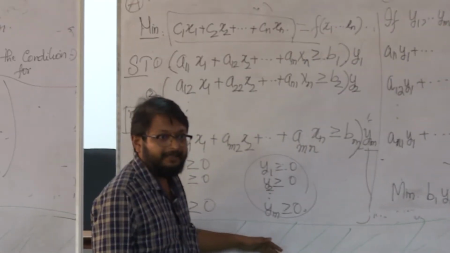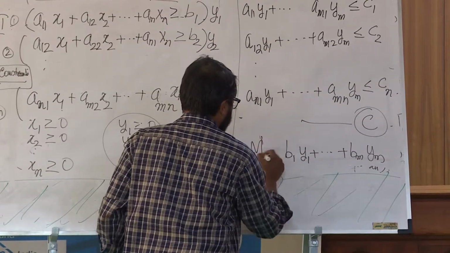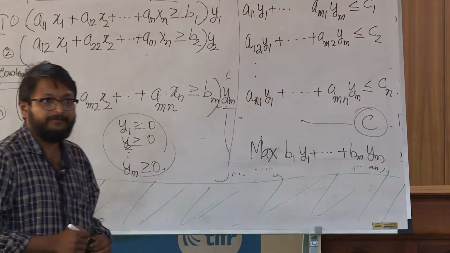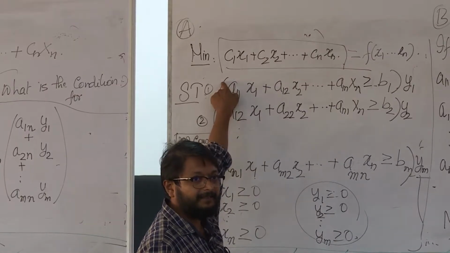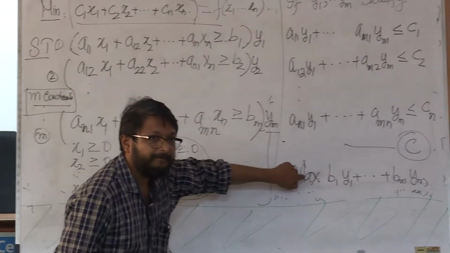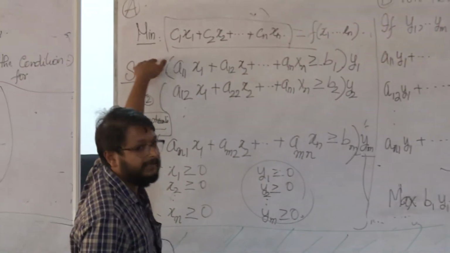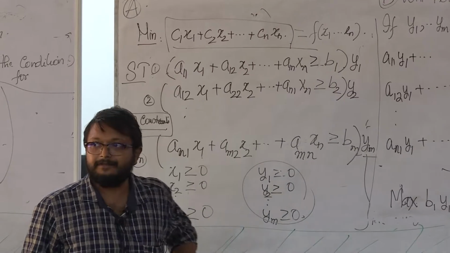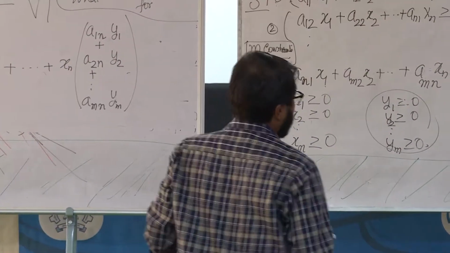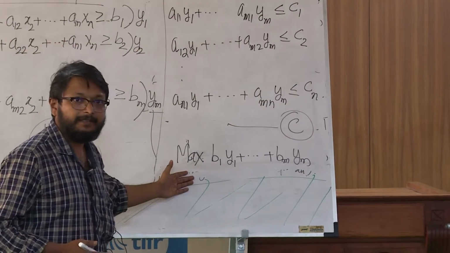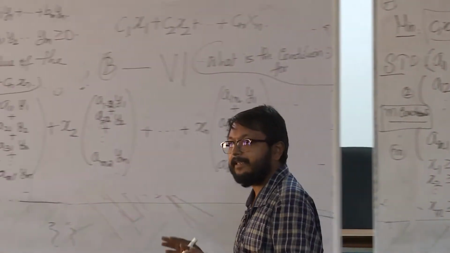So in particular, the maximum of this will always be less than or equal to the minimum of this, right? If that is the case, then the maximum value of this can never exceed the minimum value of this. Is this very clear?